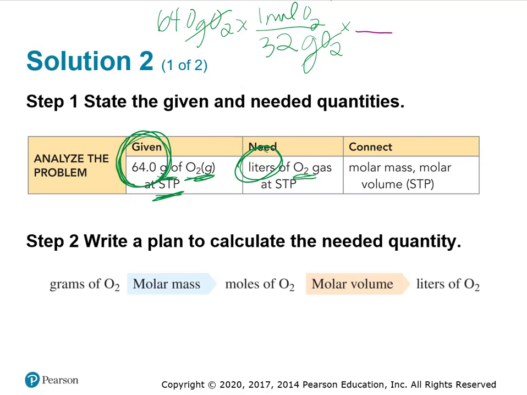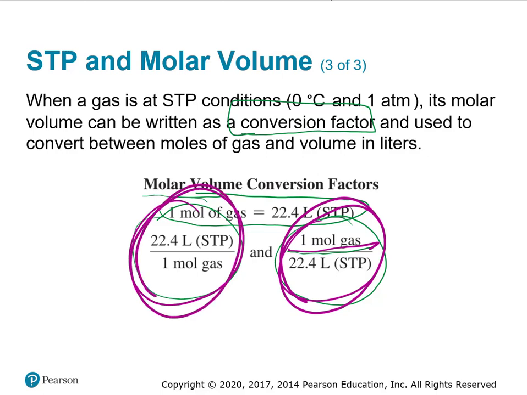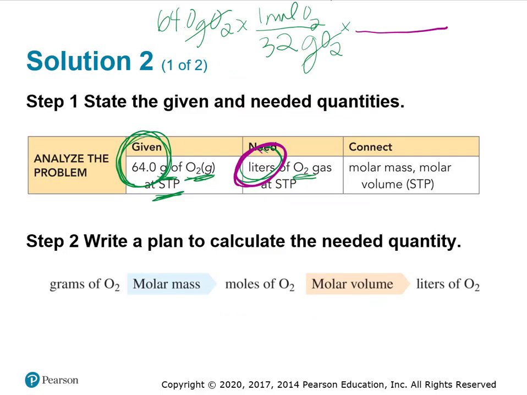Now I'm at moles. And we can go from moles to liters because we remember that 1 mole of gas is equal to 22.4 liters, or we can have the liters on top and moles on the bottom. So what do we need here? Well, because we're rid of our grams, I now need to get rid of moles of O2.